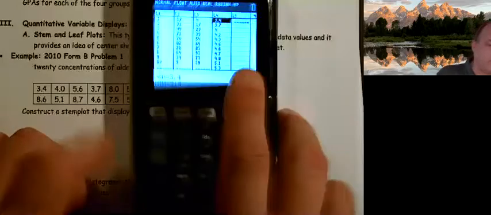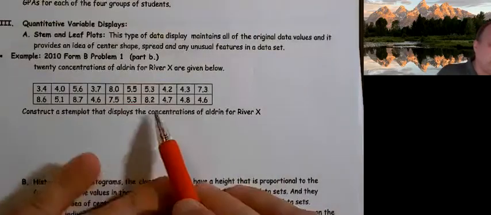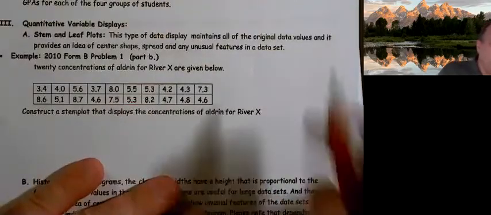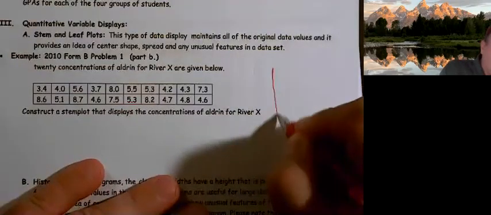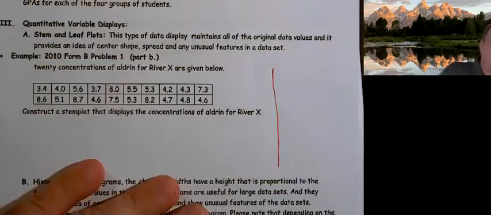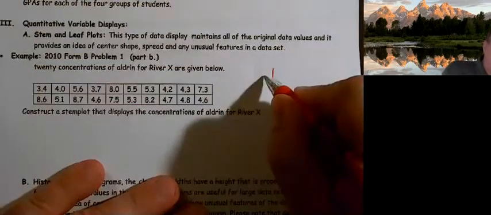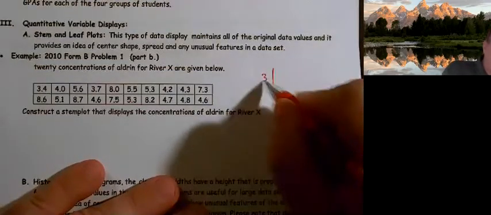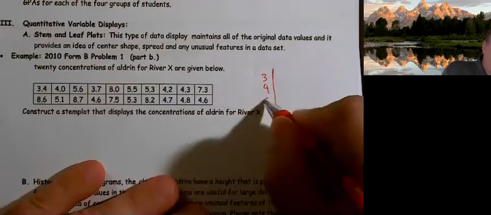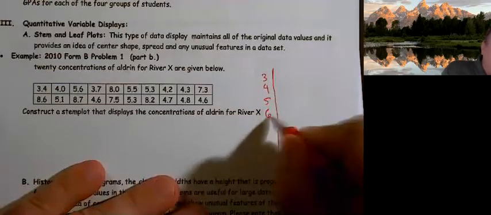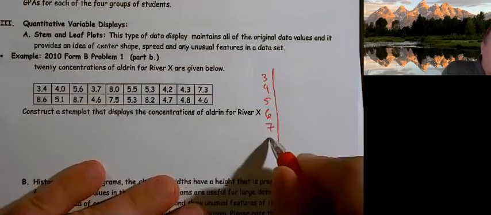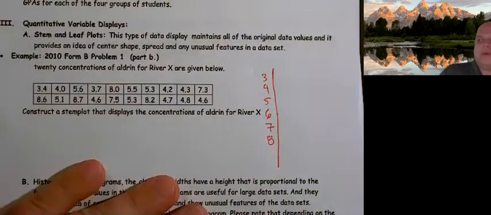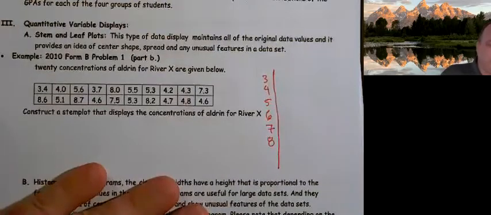Well, even though it's a stem plot, essentially I have a number line. Number lines don't skip numbers even if one's missing. So even though I didn't have any 6s, I'll write it down. So 3, 4, 5, 6, 7, 8.